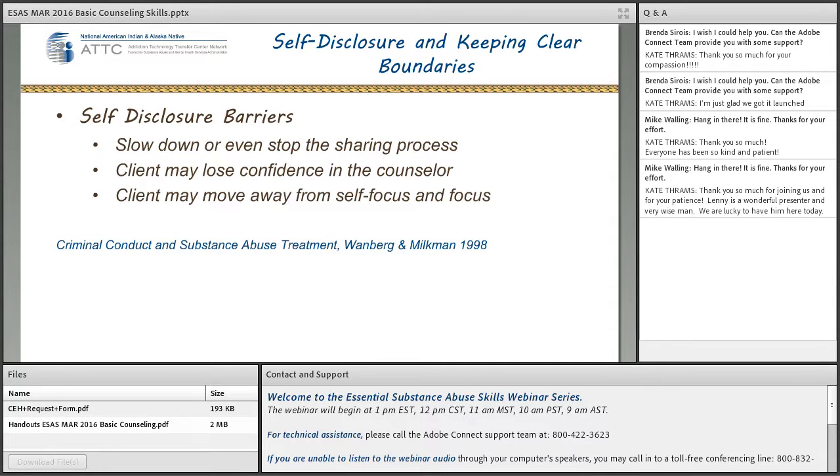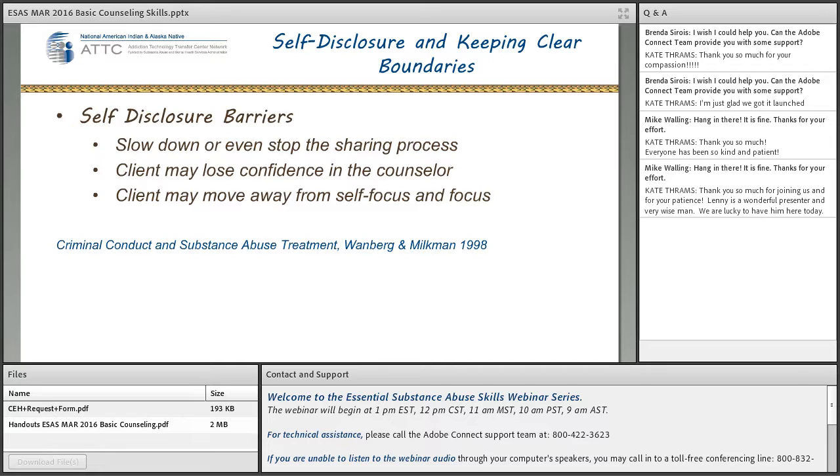Self-disclosure barriers. They can slow down or even stop the sharing process. Clients may lose confidence in a counselor. Clients may move away from self-focus. That's really important because I have heard clients say that their counselor revealed too much information about themselves.